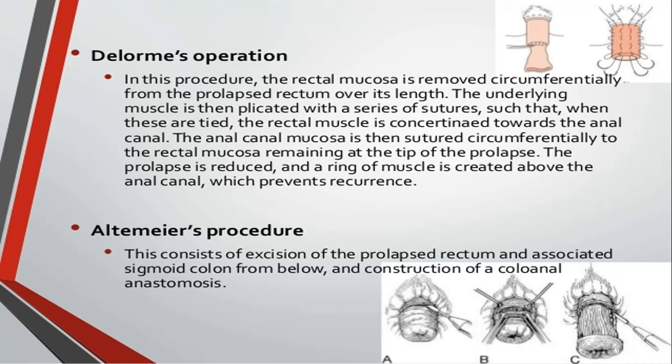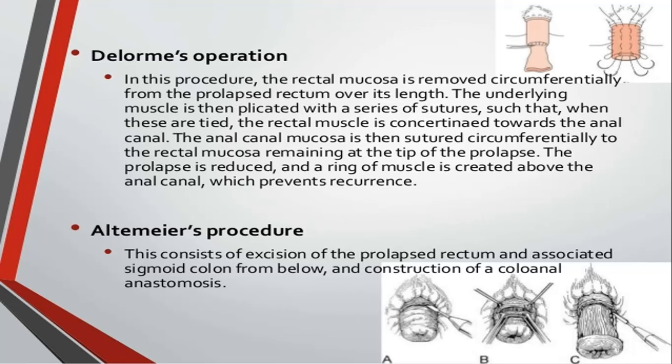We then plicate them, like folding a paper. You can see the folding of the paper. This is called plication. So the muscle is plicated with a series of sutures such that these are tied. We started the plication and applied the sutures over that area.